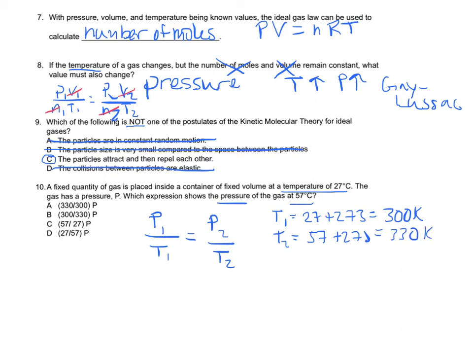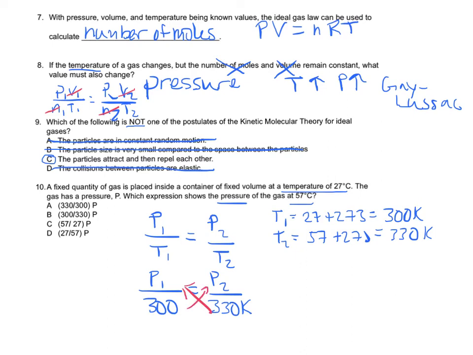Okay, so now if we start plugging some numbers into our equation here, we've got the initial pressure over 300 Kelvin, and then our final pressure over 330 Kelvin. Okay, so remember, whenever we have equations like this, we need to cross multiply.